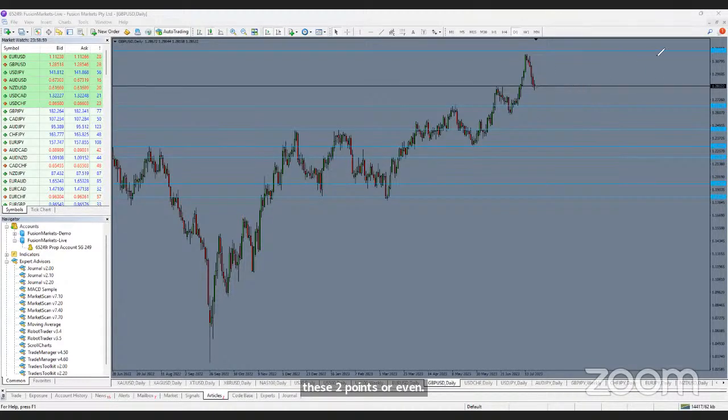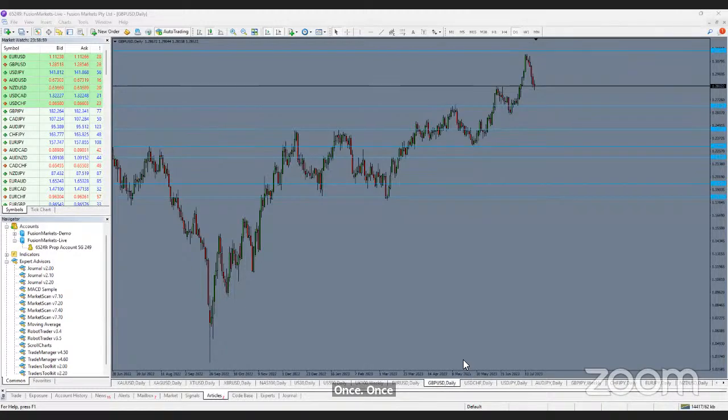So I'm not necessarily expecting this trend to go on forever, but at the moment it is still in an uptrend, so I do have to continue looking for long opportunities once the uptrend resumes, if it resumes.